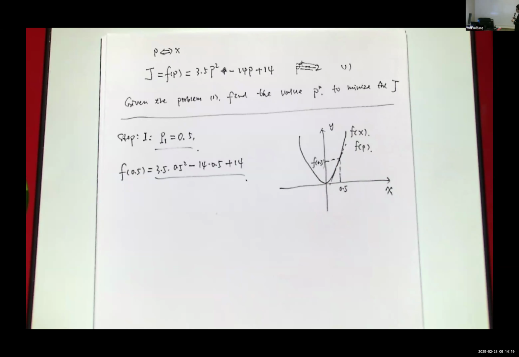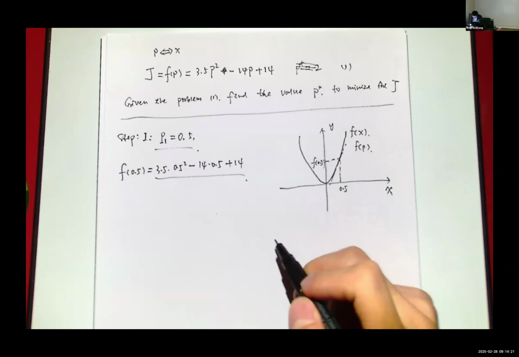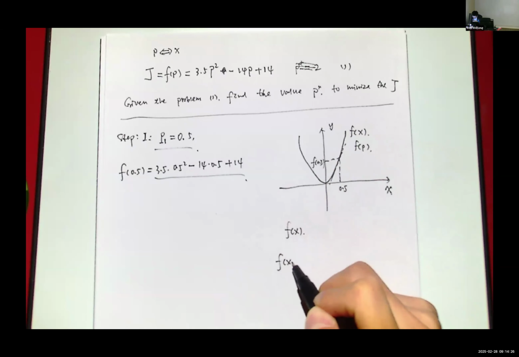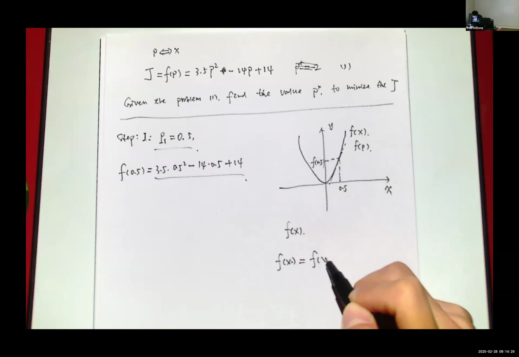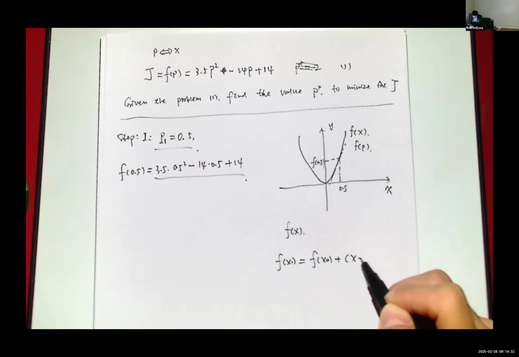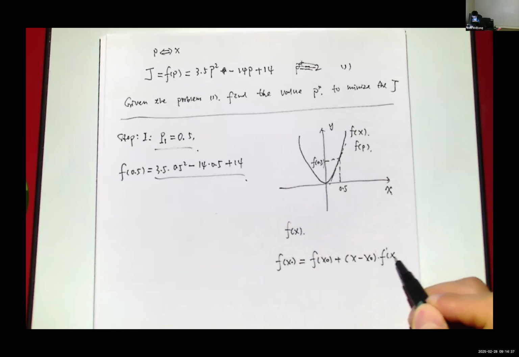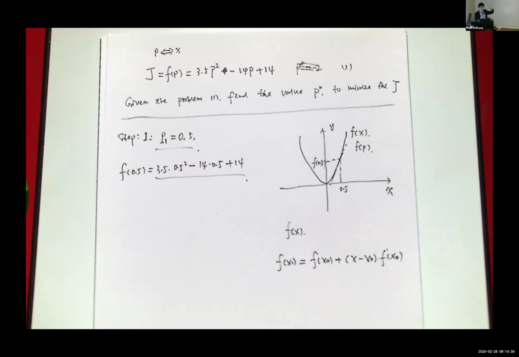For the Taylor expansion, the physical meaning is: given a function f(x), at a given position x, it should be equivalent to f(x0) plus f'(x0) times (x minus x0). So this is the first order Taylor expansion. It means you try to fit a value based on the given point, the distance from the linearization point, the point where you do the Taylor expansion.